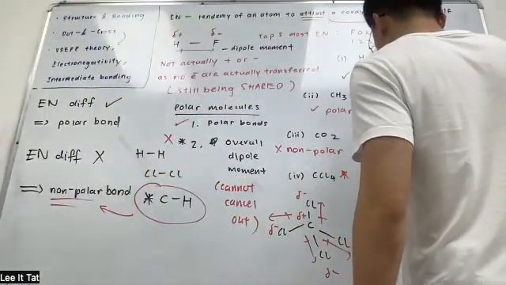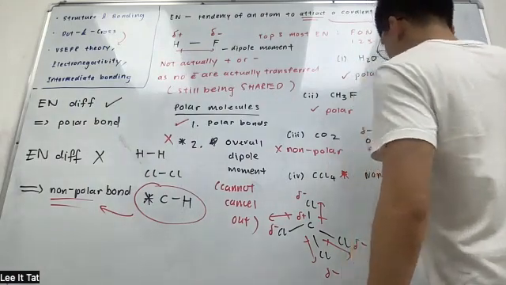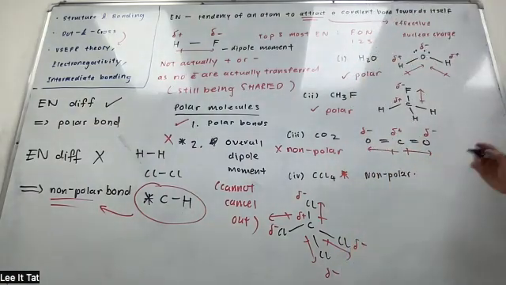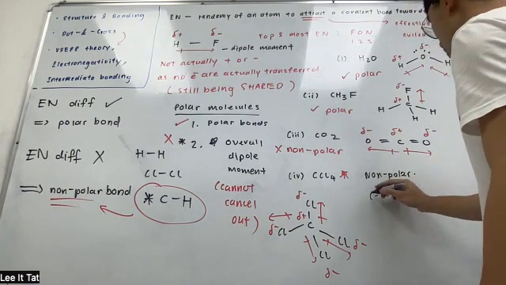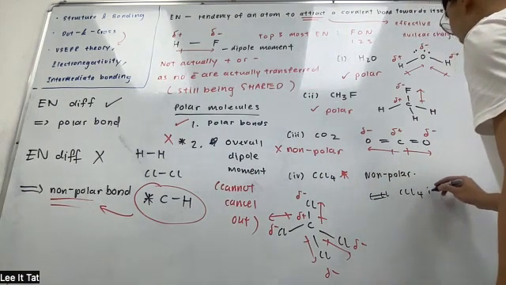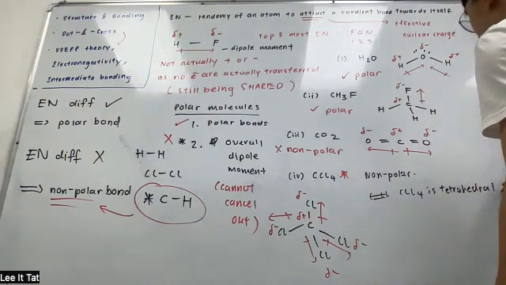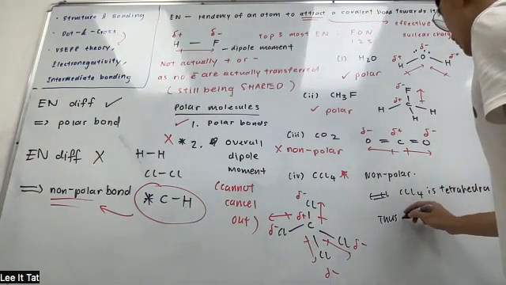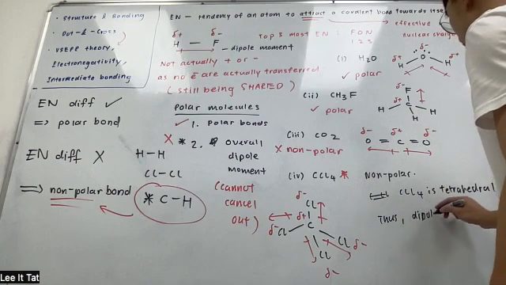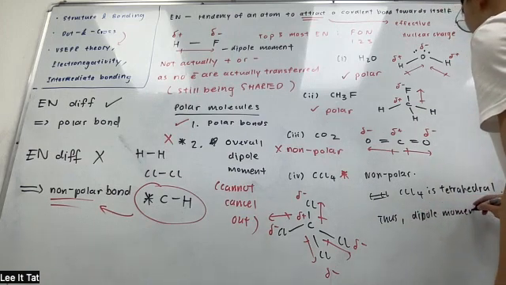And let's explain why. There's a bit of space left. For this question, it might ask you to explain. It's because CCl4 is tetrahedral. You must specify the shape. This all happens because of the shape. Thus the dipole moment of CCl cancels out in all 4 directions.